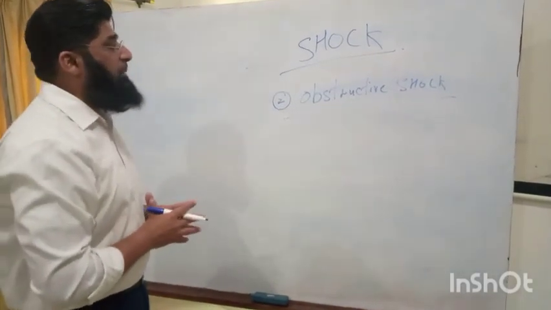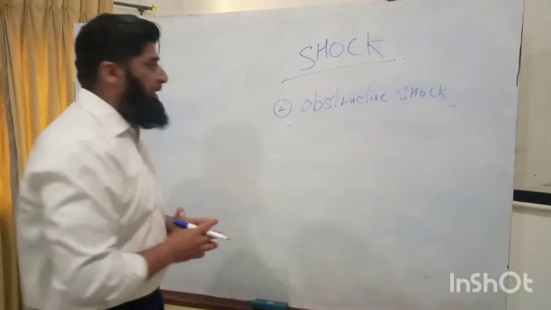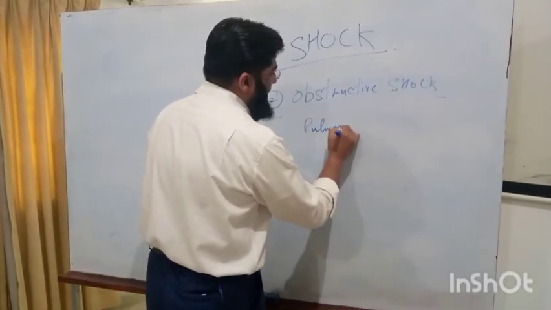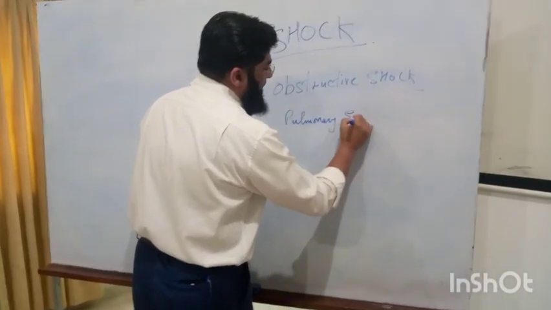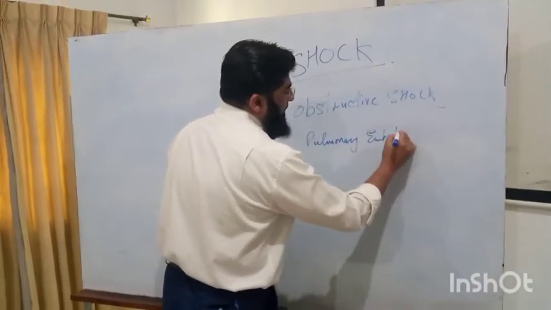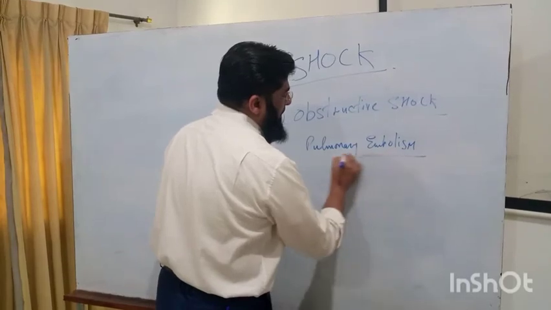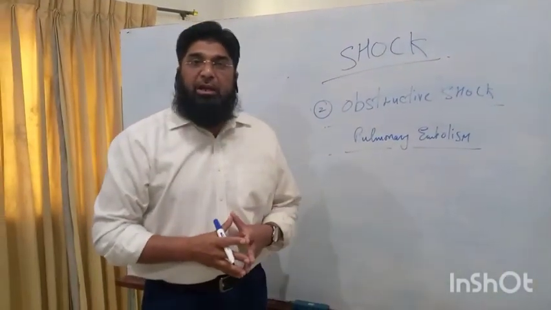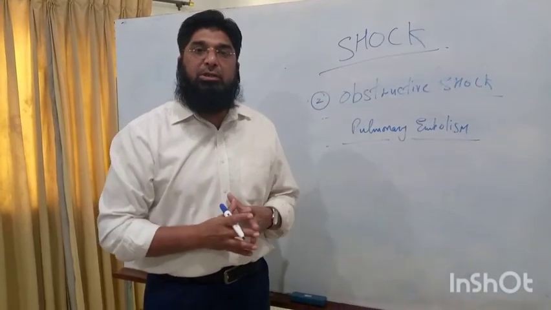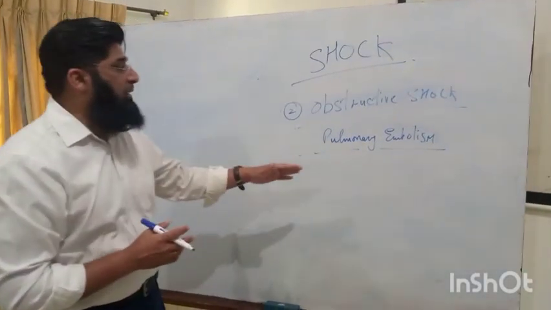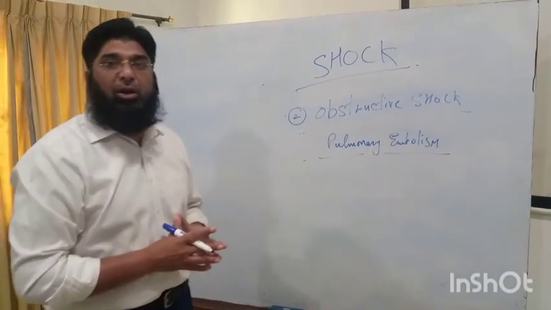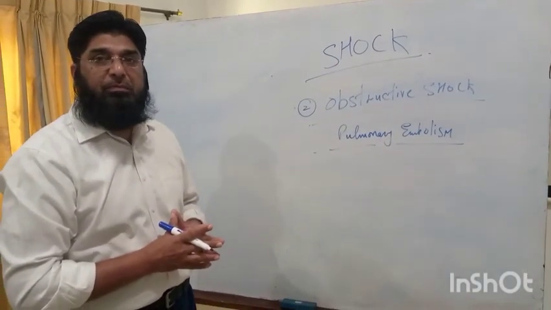The most common clinical example of obstructive shock is pulmonary embolism, where there is a massive embolus which interrupts the circulation of oxygenated blood to the different vital organs of the body. Okay.